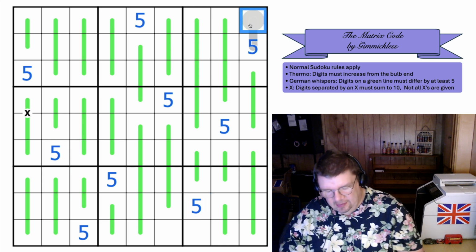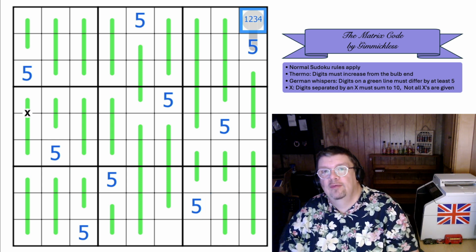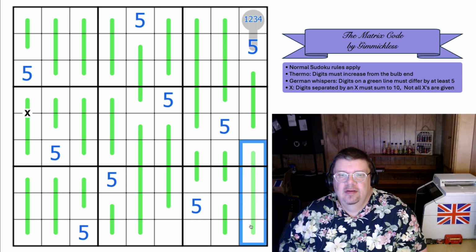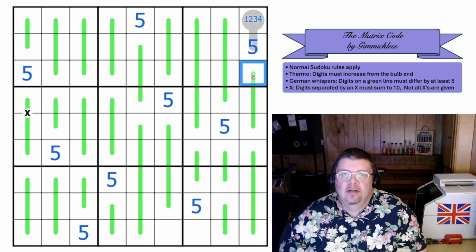Okay, this is a low digit, 1, 2, 3, or 4, because it has to be less than 5. On this segment of line, we have 2 high digits and 2 low digits. On this line, we must have 2 of one, high or low, and 1 of the other.